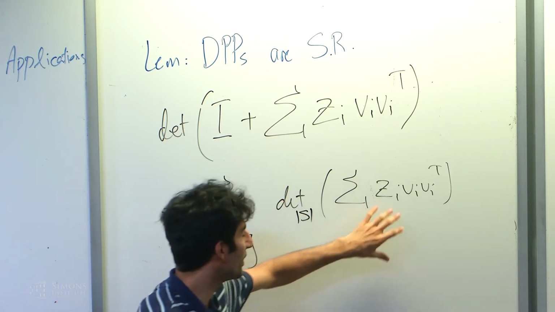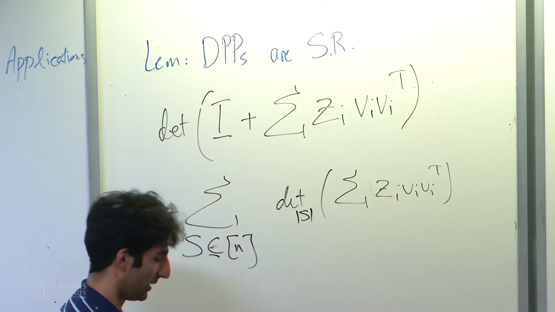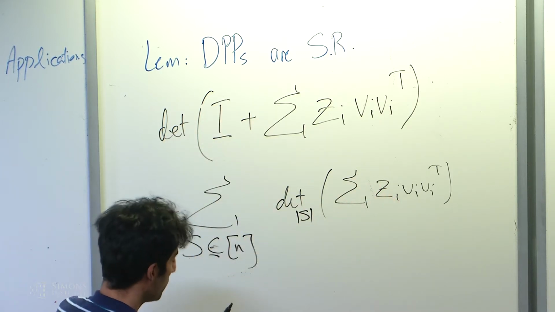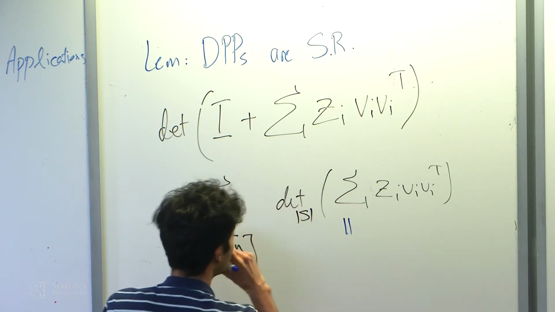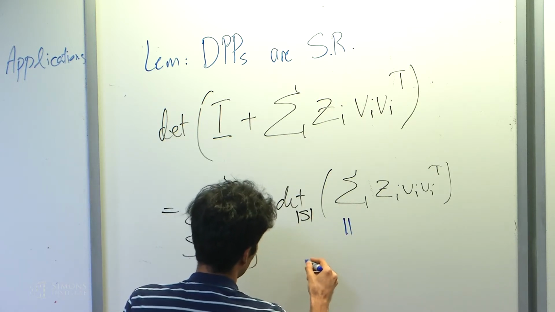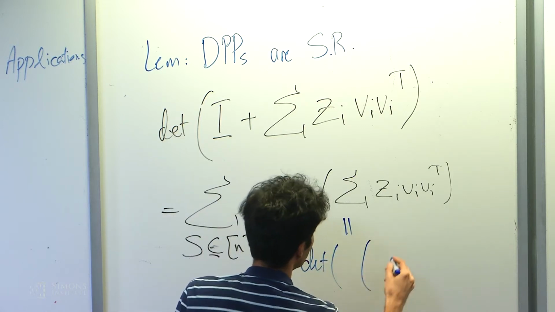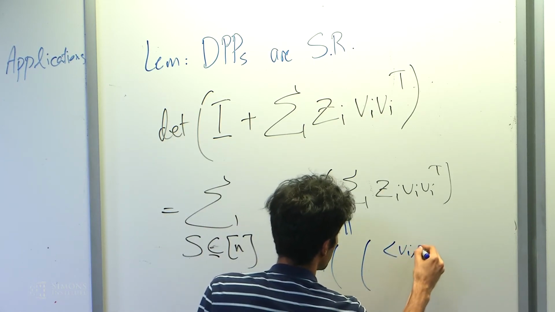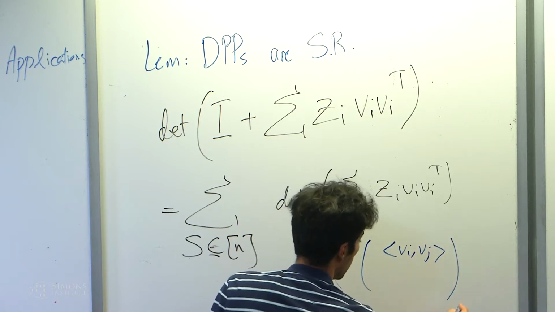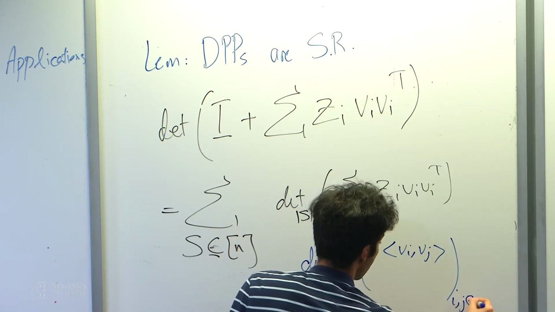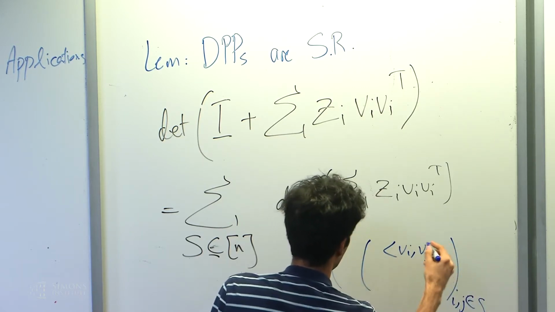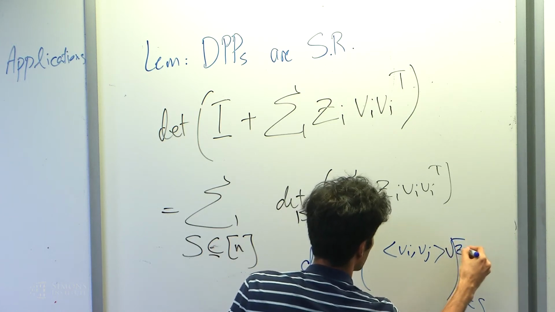Okay, so that's exactly what Cauchy-Binet tells you. Another way to think about this object is that this is also equal to the determinant of the Gram matrix of Vi, Vj for i and j in S. And you have to also multiply by root Zi, root Zj.